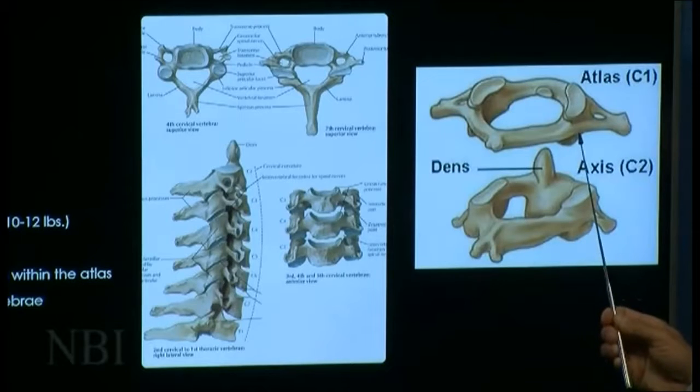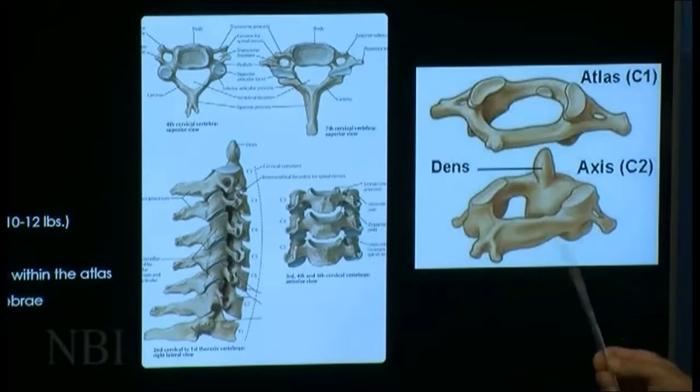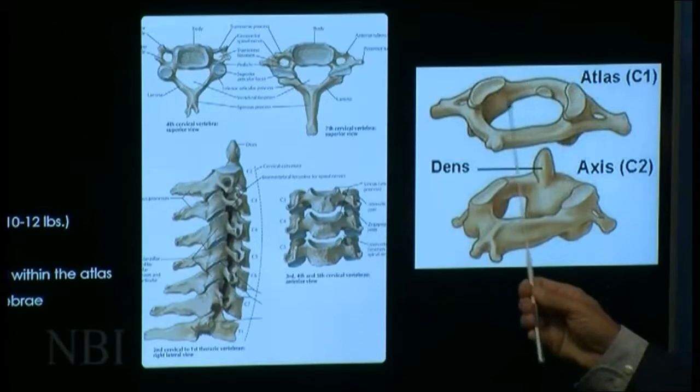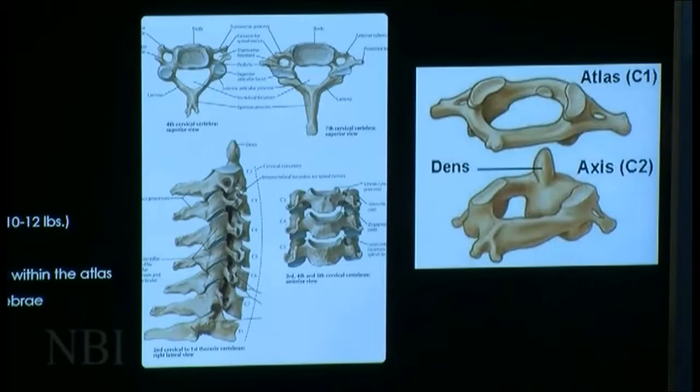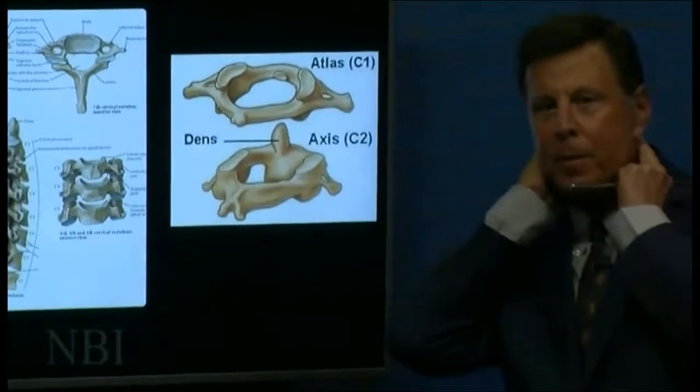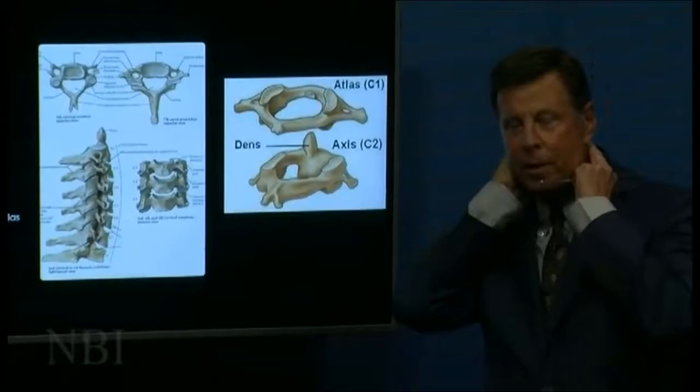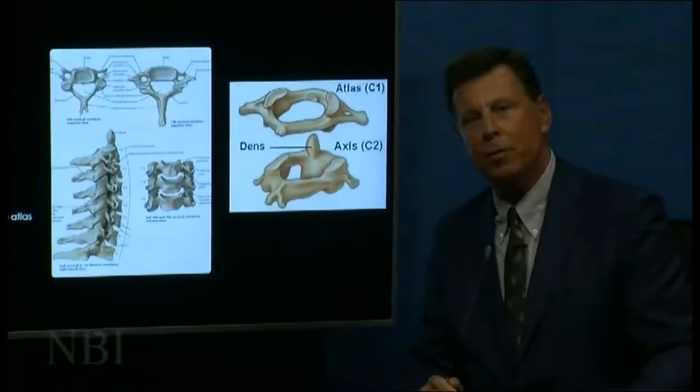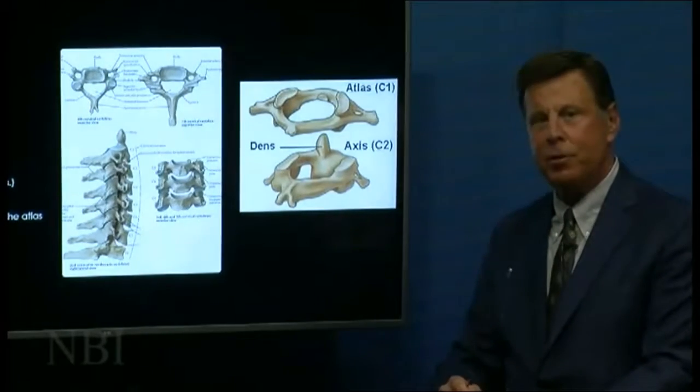And there is also another articulation, which we'll talk about in the next slide, which is really where the head sits on the atlas, where the occiput of your skull fits into these facets, and that gives you the ability to nod. If I hold my cervical spine steady, I can go up and down. That actually is motion at the occipital atlantal joint, which is on top of the cervical spine. So that allows you to nod.